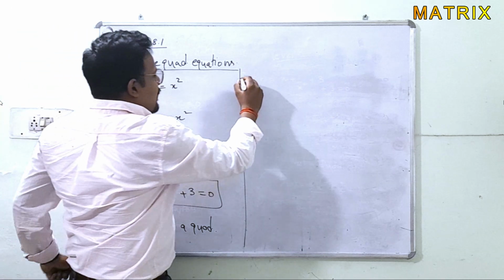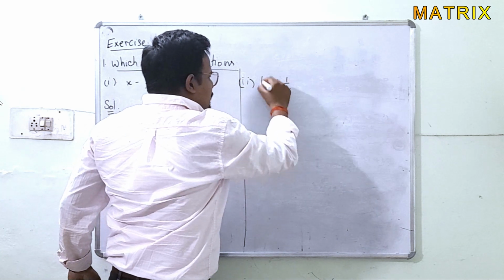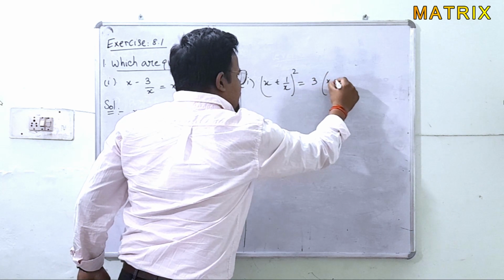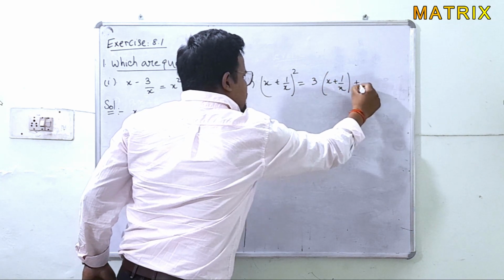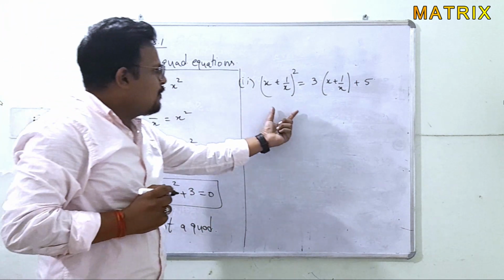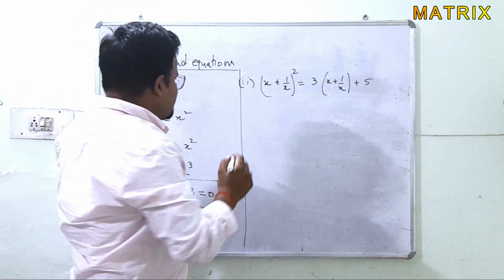For example, we are also given that x plus 1 by x raised to power 2 is equal to 3 multiplied by x plus 1 by x plus 5. Now we want to check whether this equation is a quadratic equation or not. So let's see.